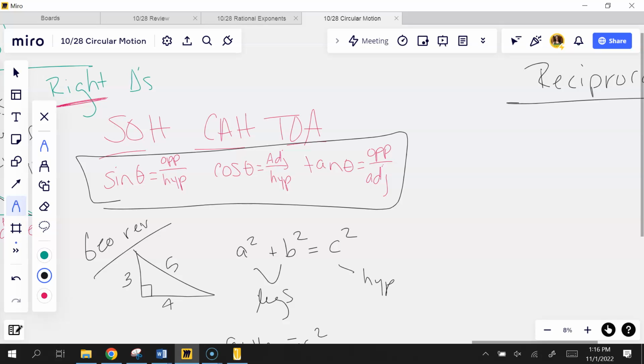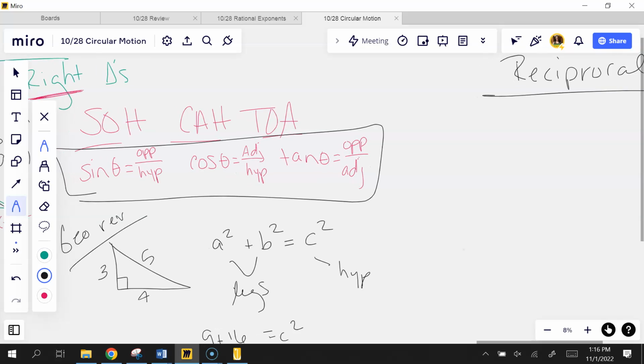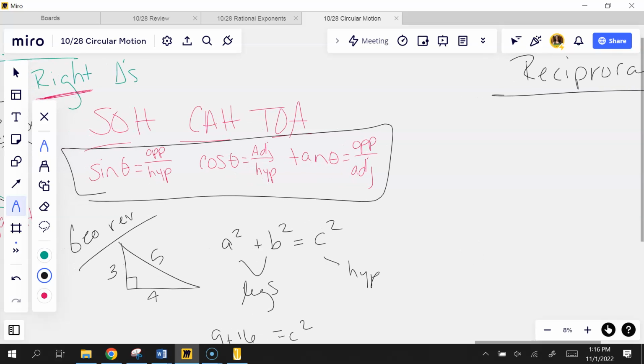That's the reciprocal ones, the cofunctions. So it's the flip of them, but you have to remember which one goes with which.